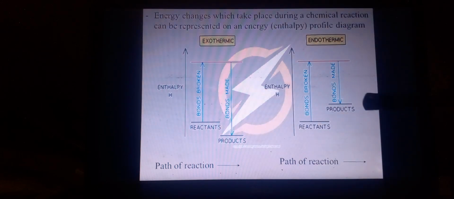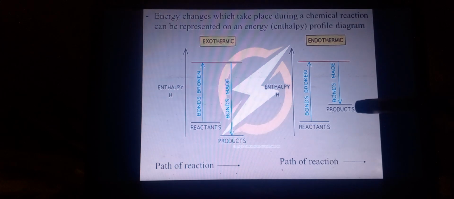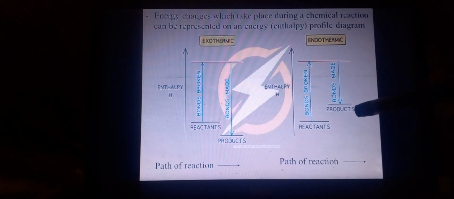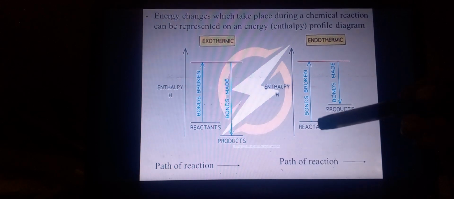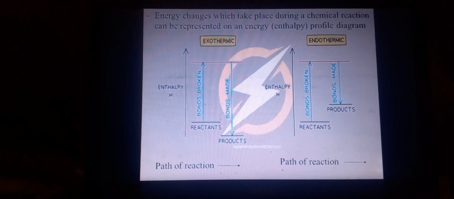The next diagram illustrates an endothermic reaction, whereby the reactants have less energy compared to the products. Much of the heat is involved in breaking of the bonds as compared to formation of new bonds, so the products have more energy compared to the reactants.